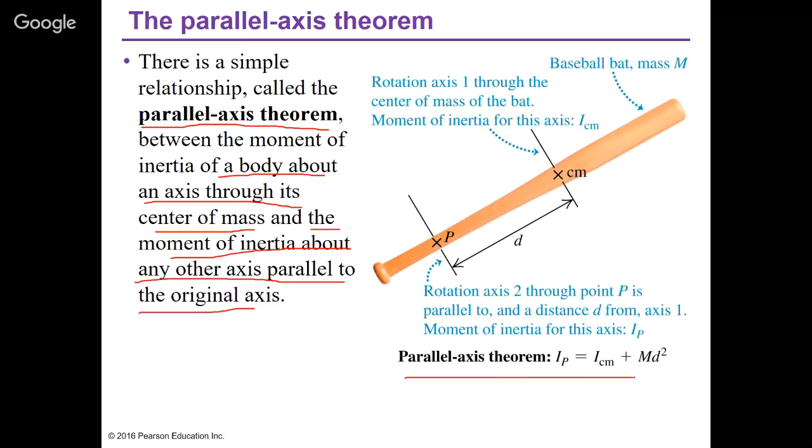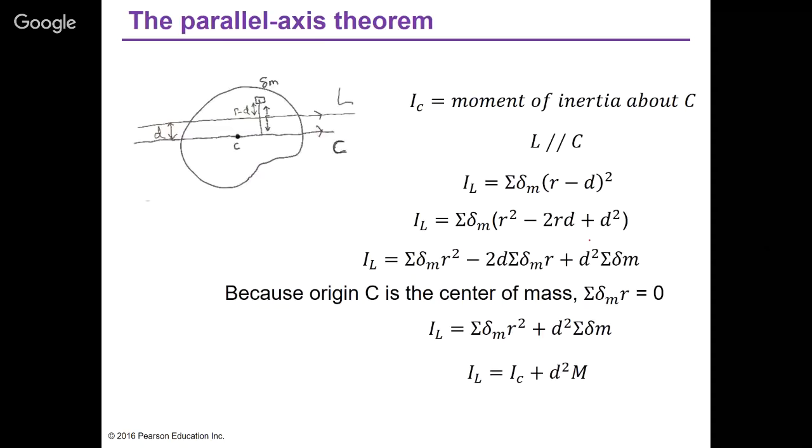What it states is that when you move the axis away from the center of mass, as long as it's still parallel to the original axis, then the moment of inertia is equal to the moment of inertia when the axis travels through the center of mass plus the total mass times the distance squared, how far the two axes are separated apart. Okay, let's derive this parallel axis theorem together.